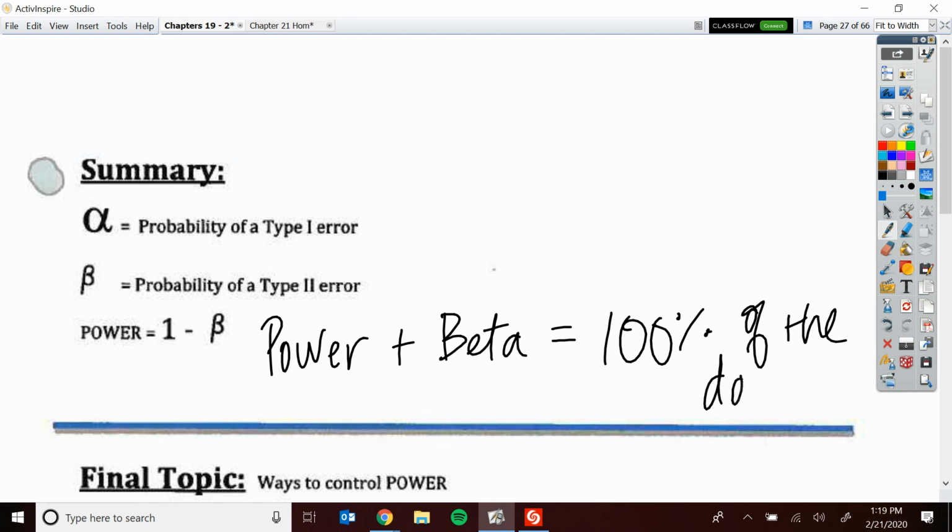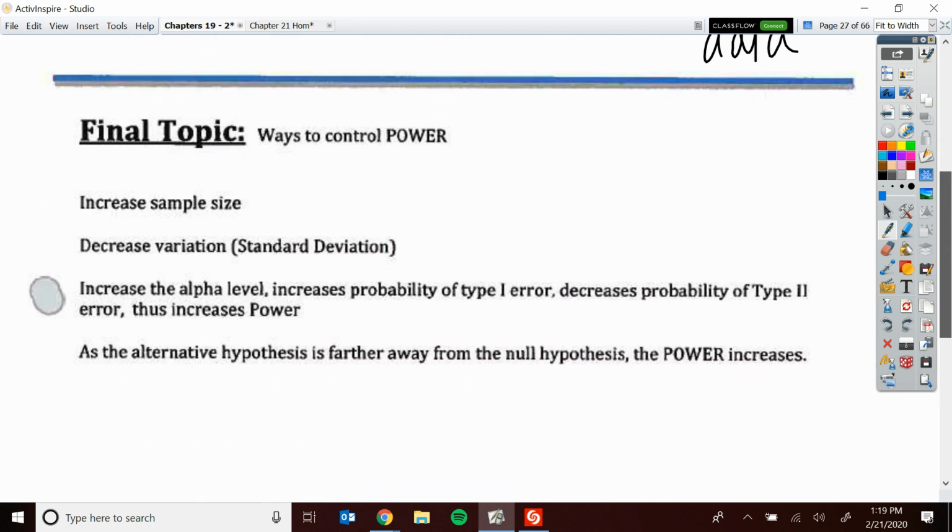You missed it. Okay. Power plus beta is 100% of the data. Okay, y'all are wimps. I think we can do better. You ready? Power plus beta is 100% of the data. There we go. Okay, so there is our stuff.